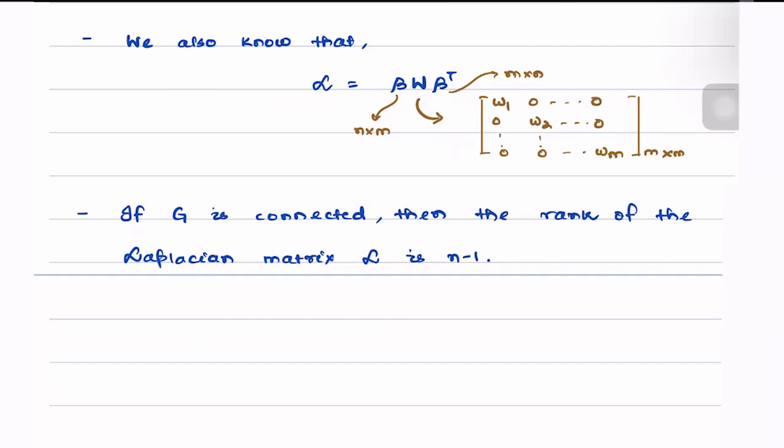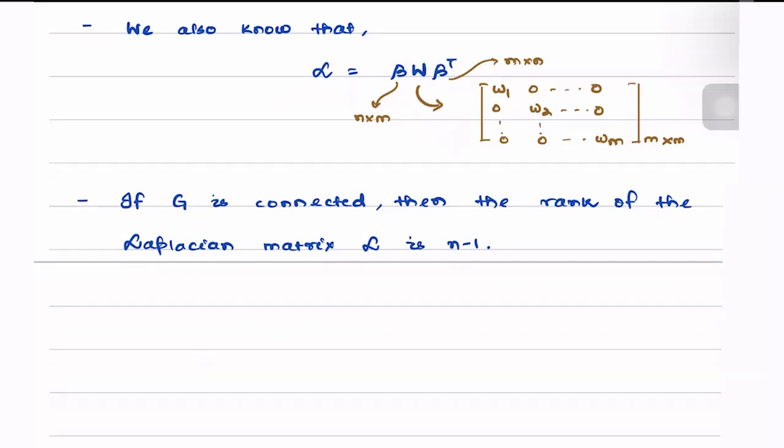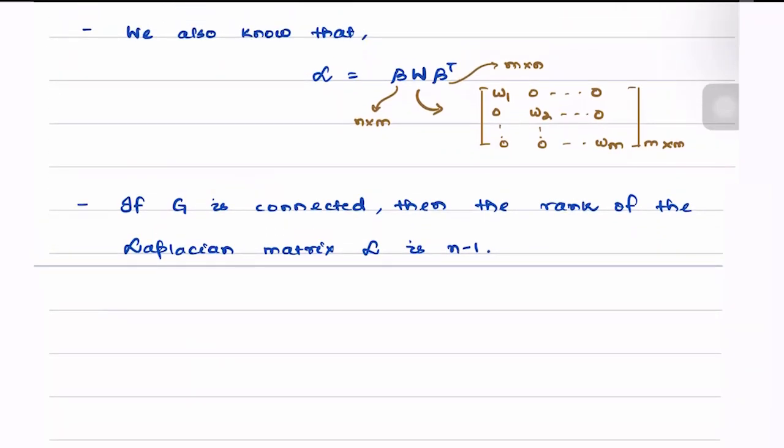So what do we know here? We know that the rank of L is equal to n minus 1. We know that the rank of W is exactly equal to M. So what are the conclusions that we can draw here? Let's write it.